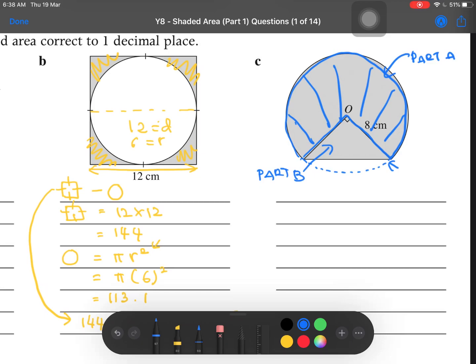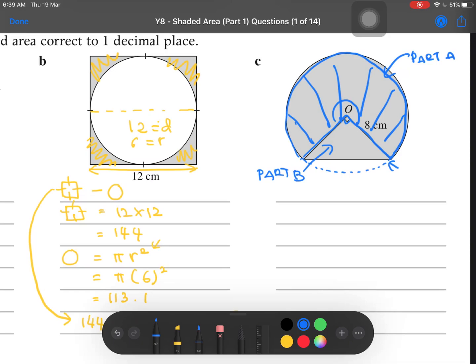Now, we have to first find the area of each part, and at the end of it, we just add them all up. For part A, because the triangle already occupies 90 degrees, the angle of the sector from part A is 270.